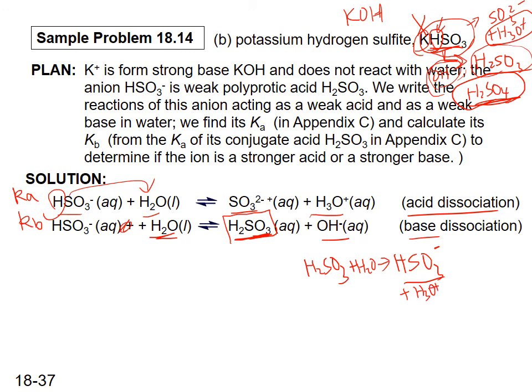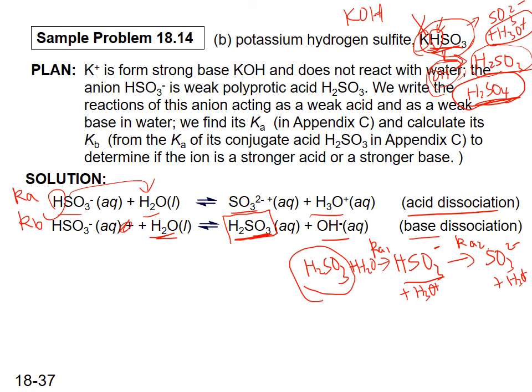That's the first dissociation reaction. The second one goes to SO3 2- plus another hydronium, and of course this also adds water. So this is Ka1, this is Ka2. I hope you still remember that a diprotic acid can dissociate twice, and there are two acid constants, Ka1 and Ka2.